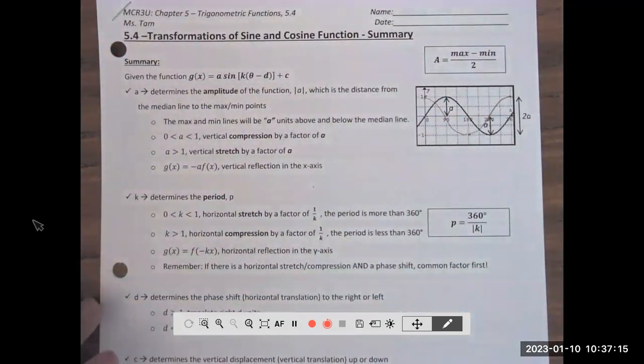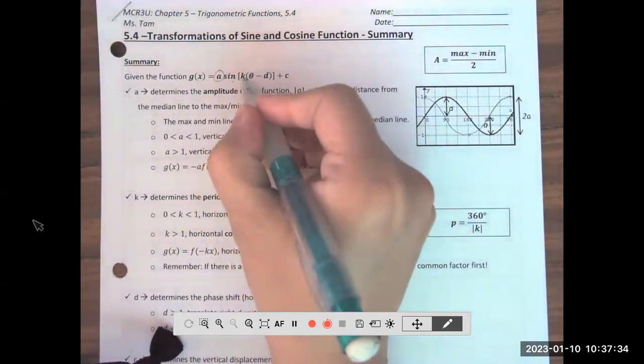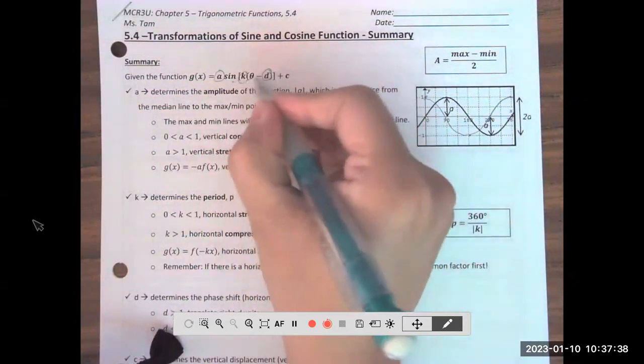All right, so back to our summary. You guys have seen this before, a variation of it when we talked about transformations of other functions. We're just going to apply it now to our sine function. So we're going to start with sine. Given the function g of x equals a sine, k times theta minus d, end bracket, plus c.